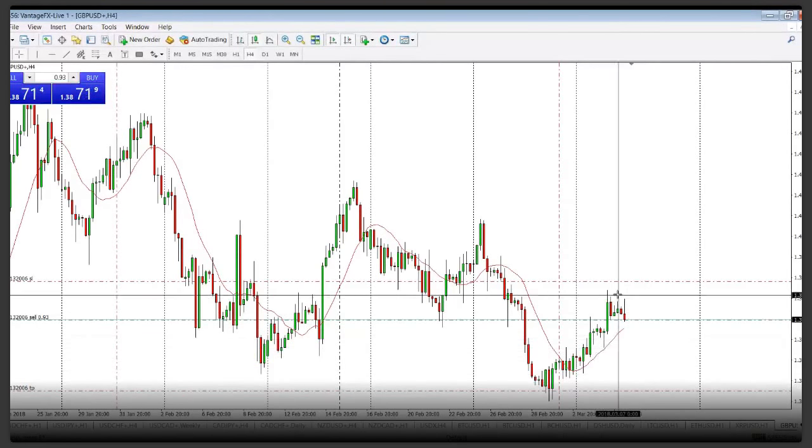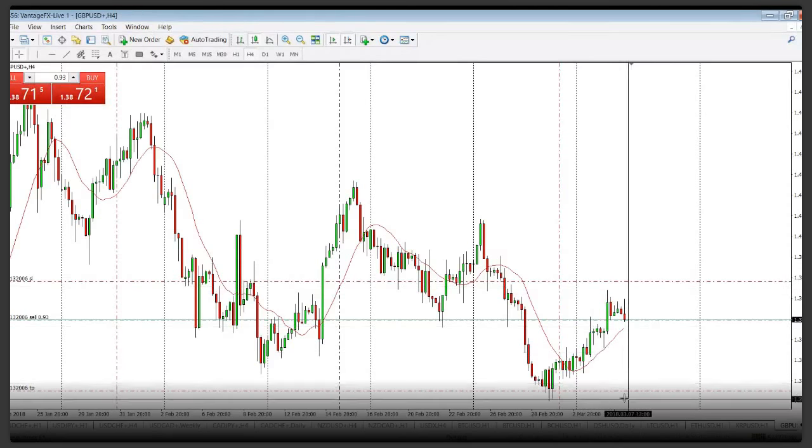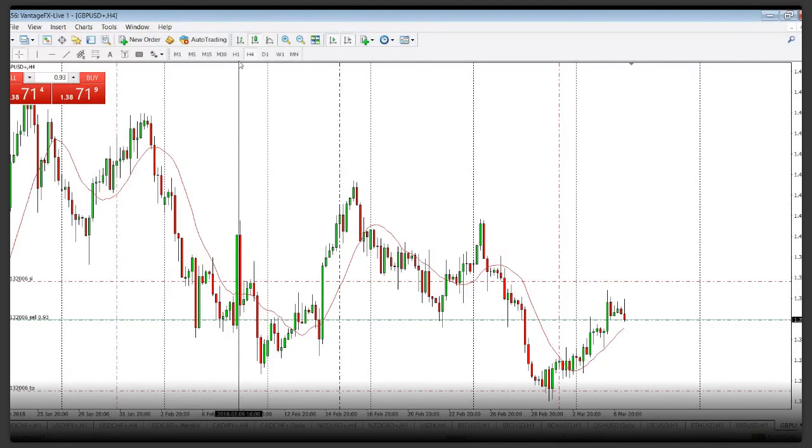Sell trade just above these highs here, stop loss, targets down here. I'll monitor it throughout the day, but I'm liking it to go down. I'll stop sharing that screen, put on my system.